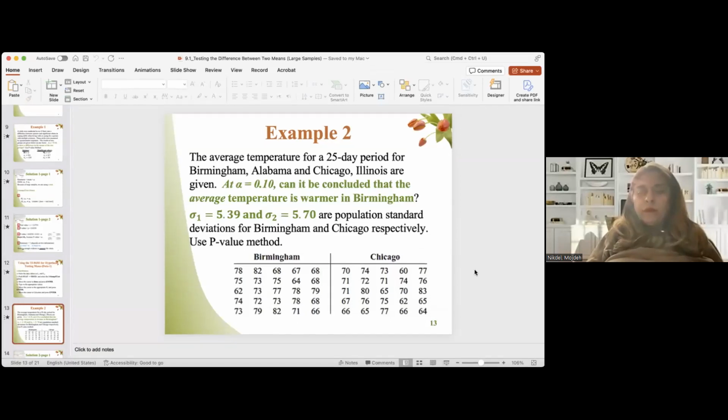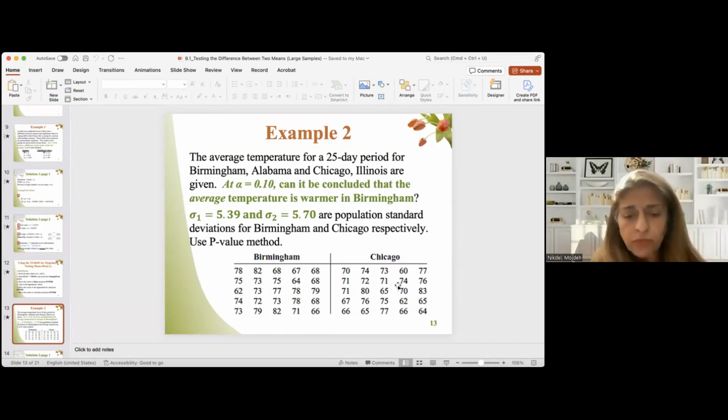Yes, here it is. Here is raw data. Raw data is a bunch of numbers for each group.